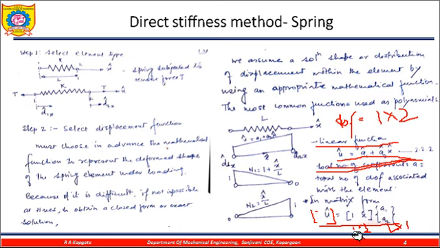If I calculate this, 1 into a1 plus x into a2, that is a1 plus a2x. So this is the matrix form. This is very important: converting this form into matrix form is essential to derive any type of shape function.